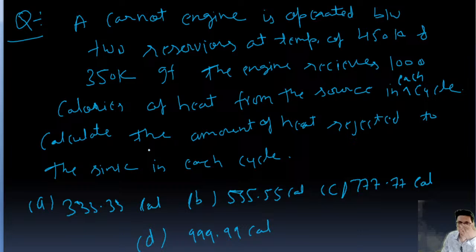Okay, so this is the question, guys. Very good question, and I'm going to solve it using the Carnot cycle. The Carnot engine is operated between two reservoirs at temperature 450 and 350. We need to find Q2, the heat rejected to the sink.